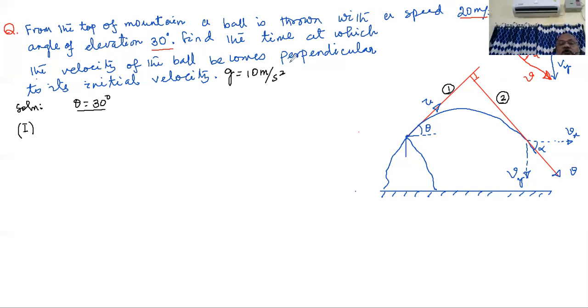I believe most of you remember that if two straight lines are perpendicular to each other, then their slope product will be -1. I have taken an imaginary line number 1 along the initial velocity, and another line number 2 along the final velocity. If their slopes are m1 and m2, then as coordinate geometry says, the slope product, if the lines are orthogonal or perpendicular, must be -1. That must be the basic condition.